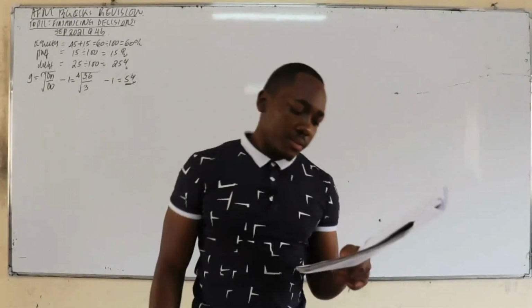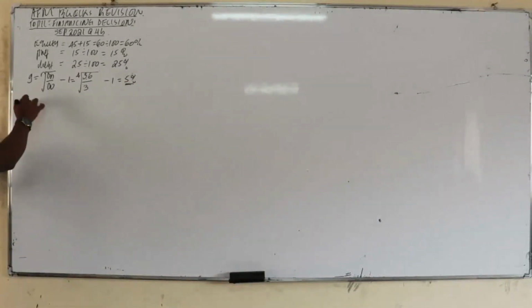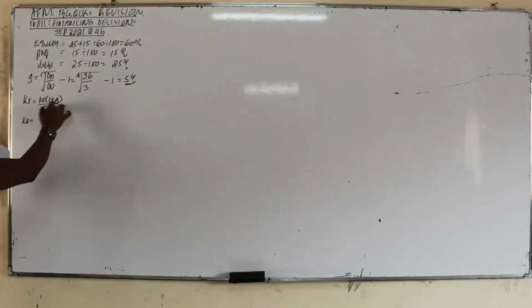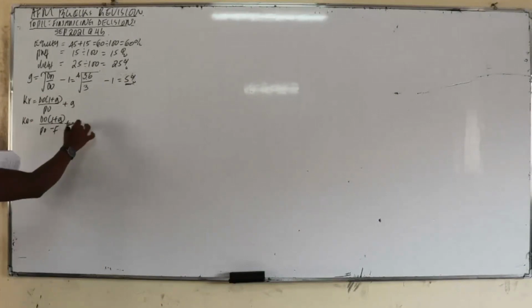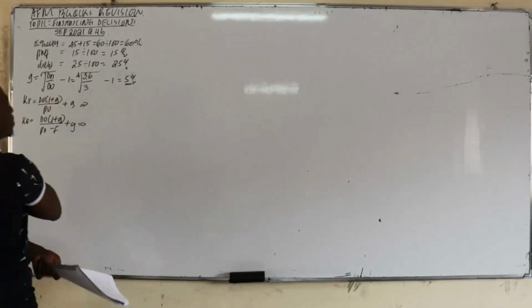And then you're told that the company's ordinary shares currently sell at 50 per share at the security exchange. New ordinary shares will be sold at this price. So that means we need to compute the cost of retained earnings and the cost of ordinary share: D0(1+g)/P0 + g, and D0(1+g)/(P0 minus flotation cost) + g. How much is our D0? Good.